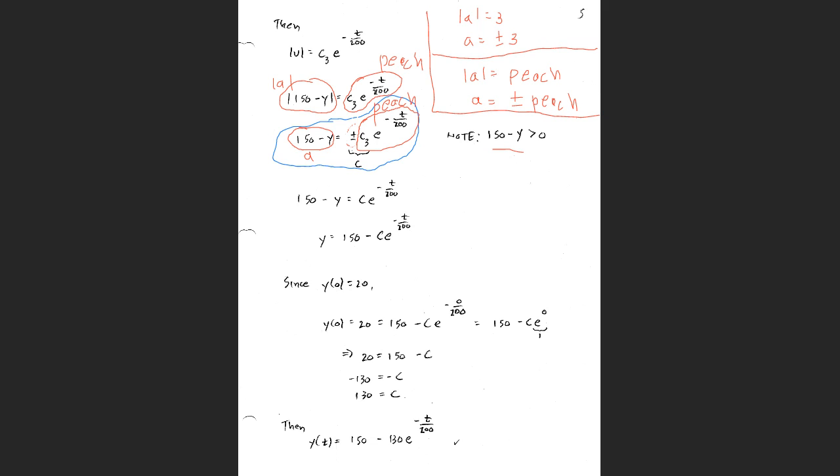The absolute value of A is equal to my peach. A then is just plus or minus the peach. So this is why I have a plus or minus in front right here. Okay, C3 is still there, of course.